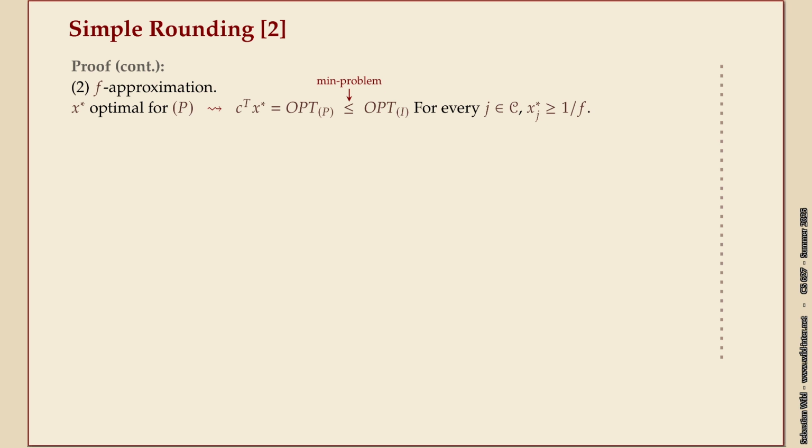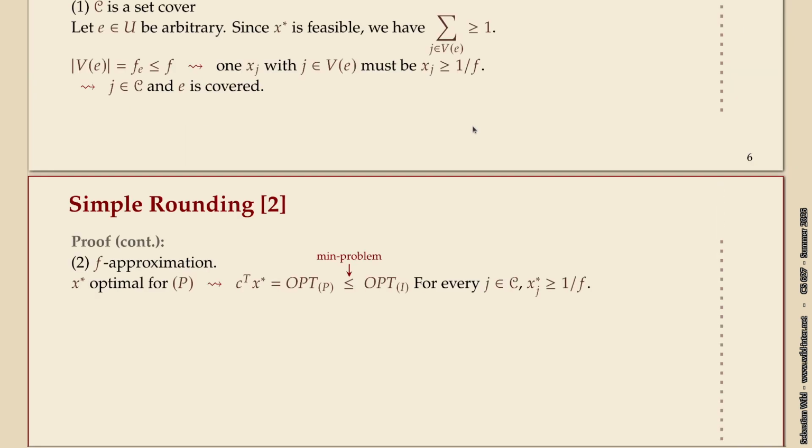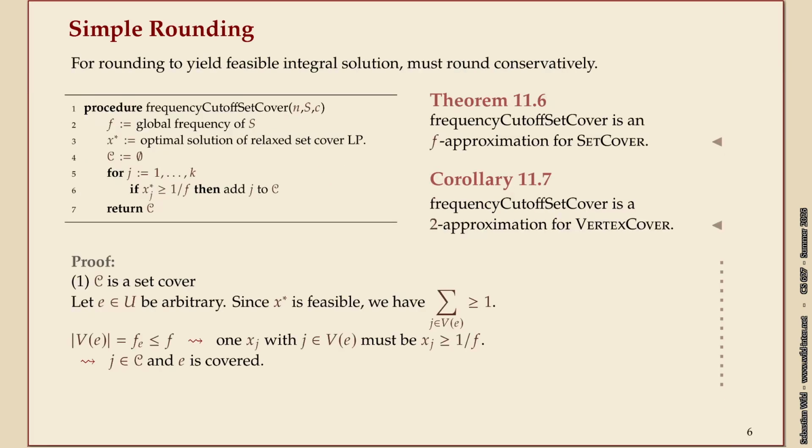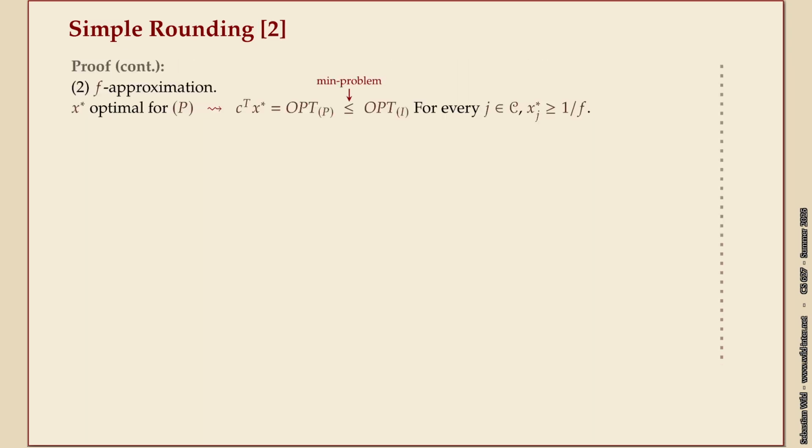How about the cost? We have to show that whatever the algorithm outputs is an f approximation. So far this was only using the feasibility of x star. Now we're using that it's an optimal solution of the LP, which means we have this c^T x star, the optimal solution of the LP problem.